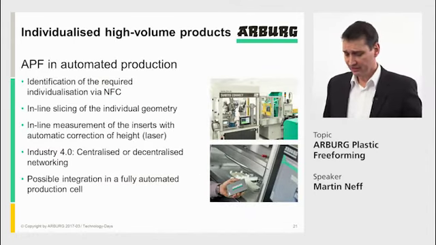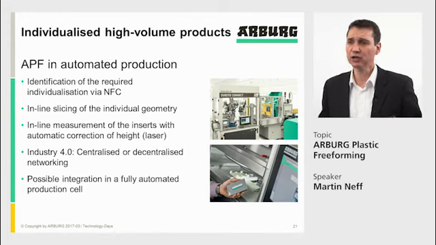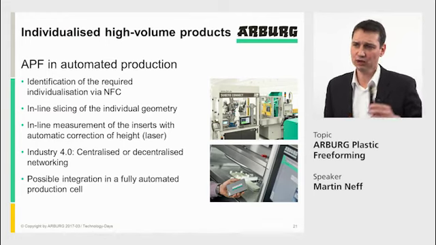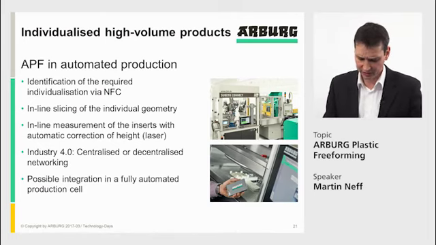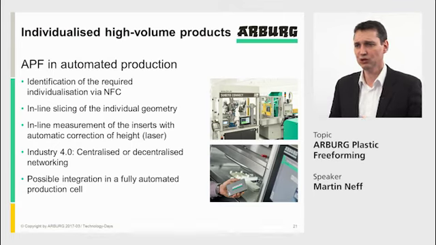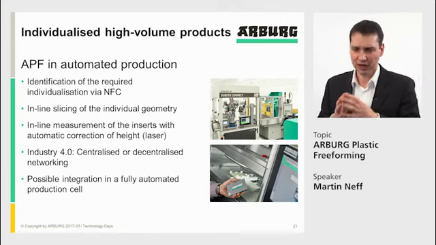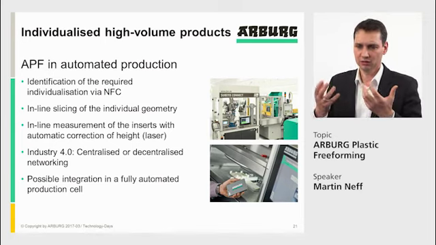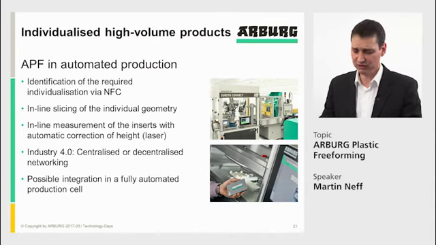Last but not least, another example. This is a very interesting example because you can see it live in a demo running in our efficiency arena. What we want to show there is the individualization of a mass-produced part, a part which was produced in high volume on our injection molding machines.